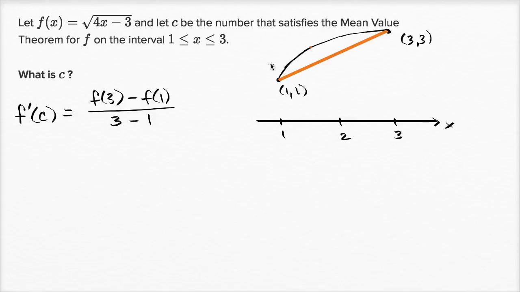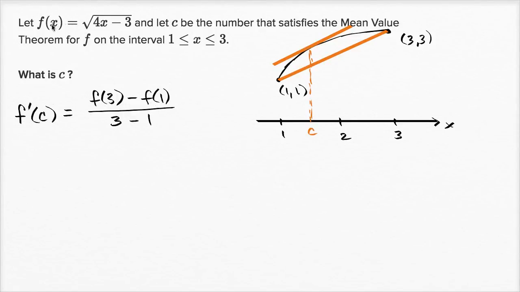So if I were to eyeball it, it looks like it's right around there, although we are actually going to solve for it. So some point where the slope of the tangent line is equal to the slope of the line that connects these 2 endpoints and their corresponding function values. So that is c. That would be c right over there.